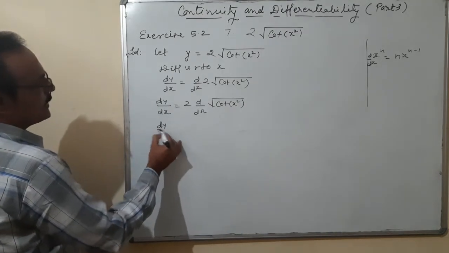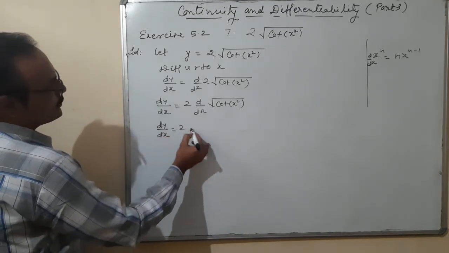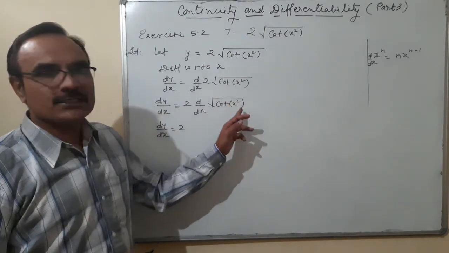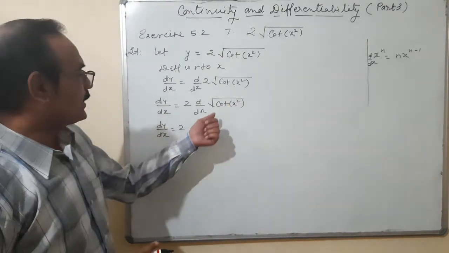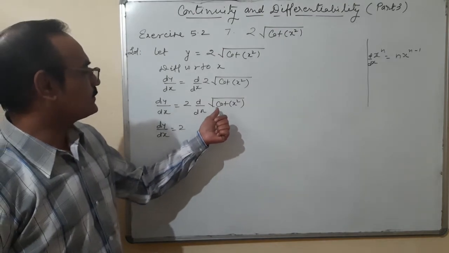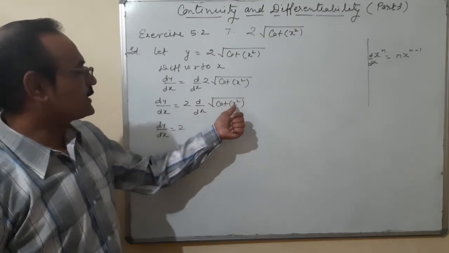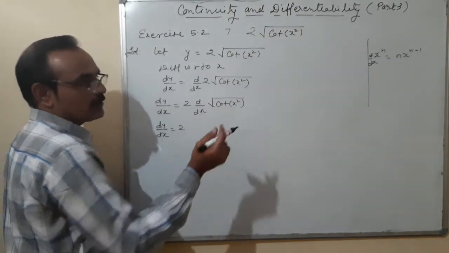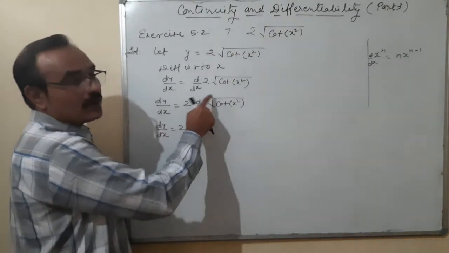After that, we have to use here the chain rule, because it is under root cot x square. Okay. So here what should I do? I will consider, let cot x square is equal to t. Because when I take cot x square equal to t, then a single term is left, that is t to the power 1 by 2.